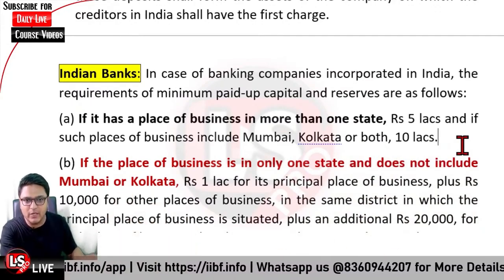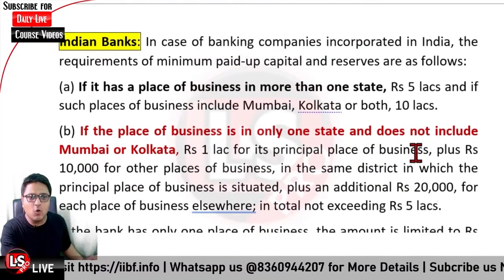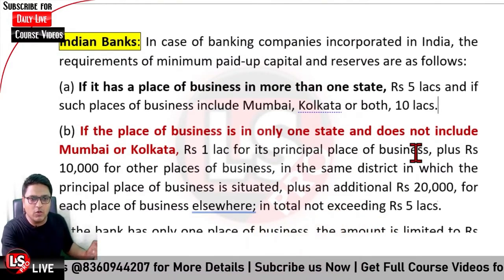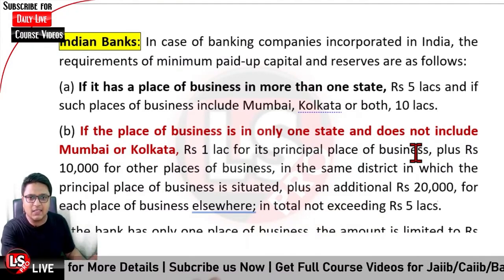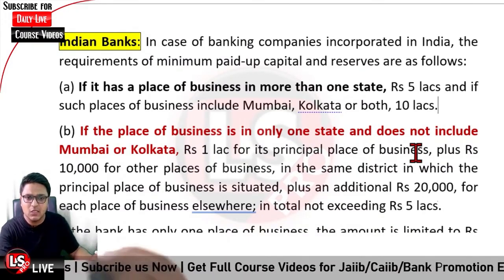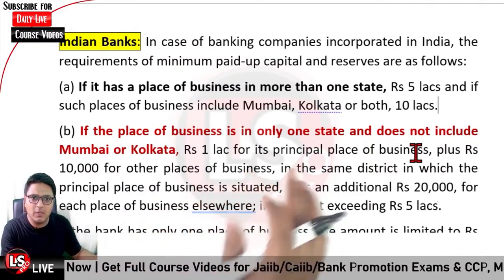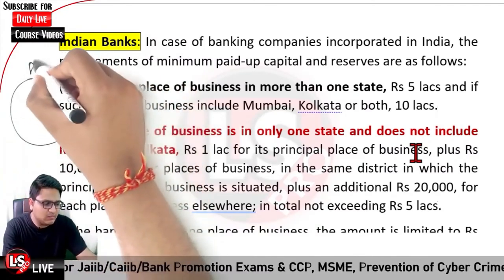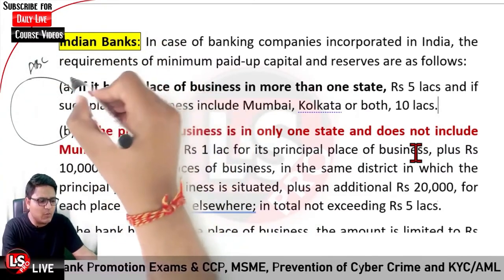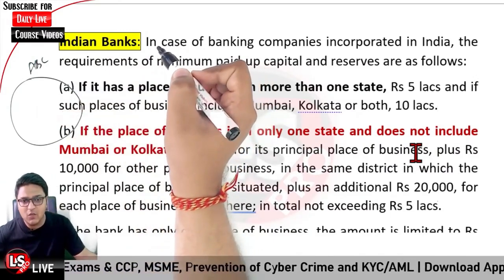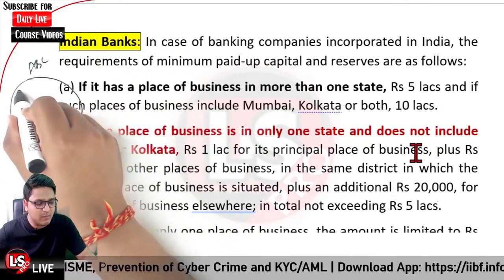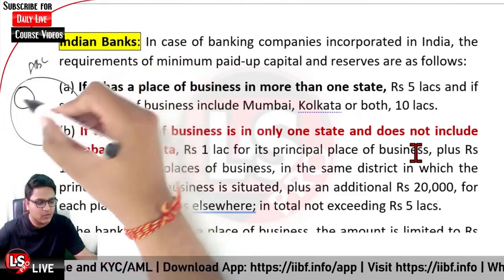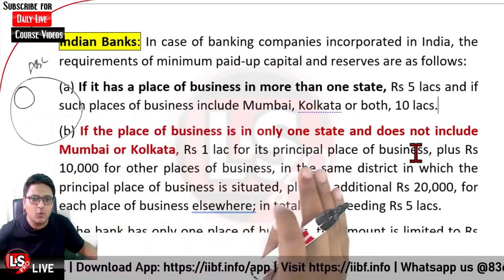Okay, the second point is, if the place of business is only in one state, then for the principal place of business the requirement will be rupees 1 lakh. Like I say, bank ABC is operating in Punjab only. Then for the principal place of business, where it is headquartered, the requirement will be rupees 1 lakh.